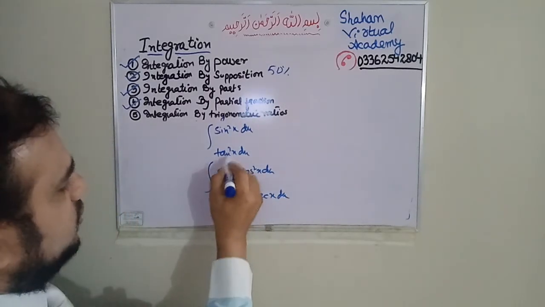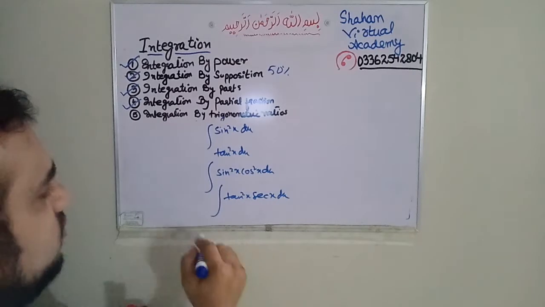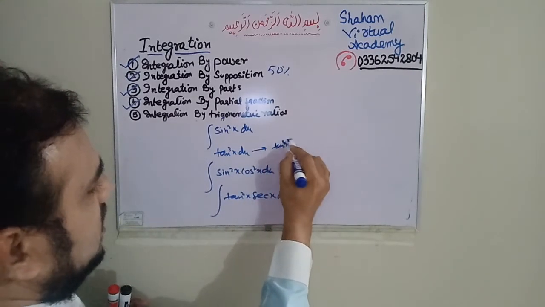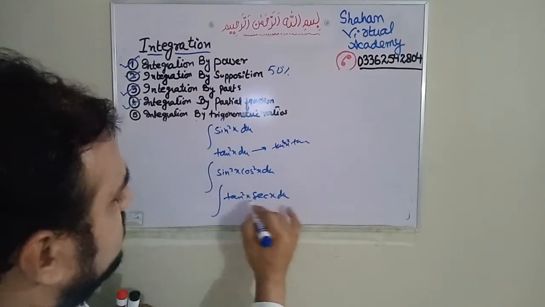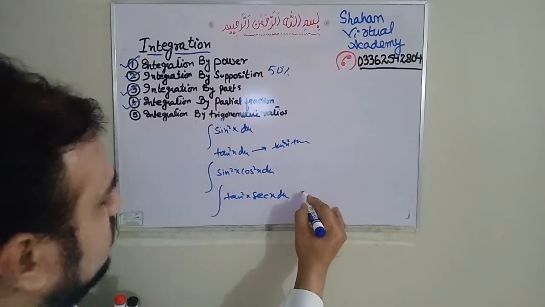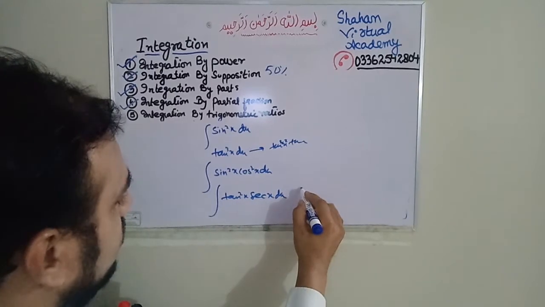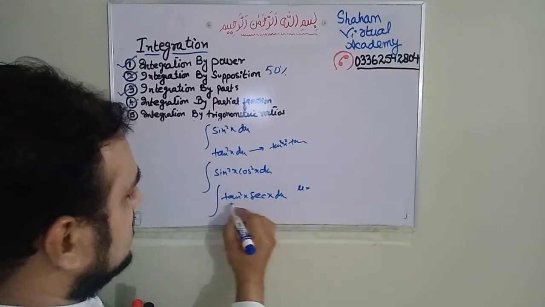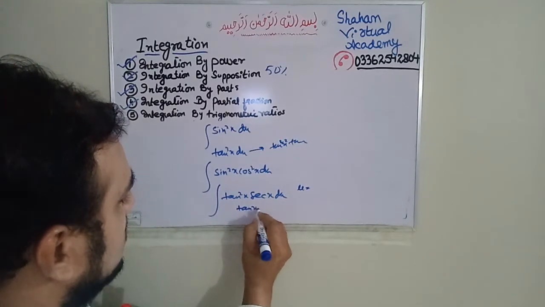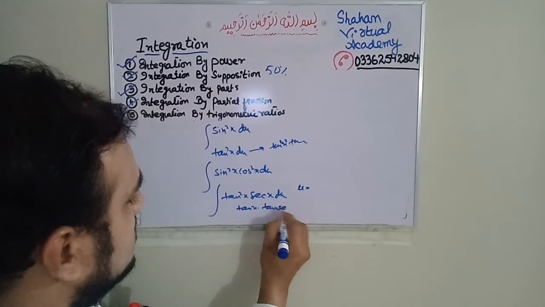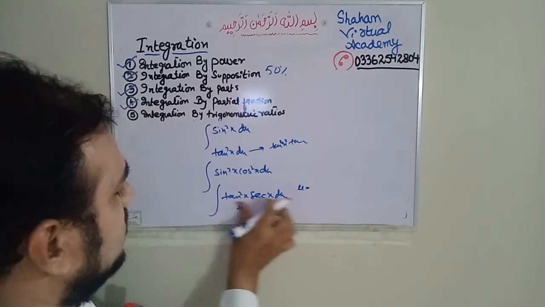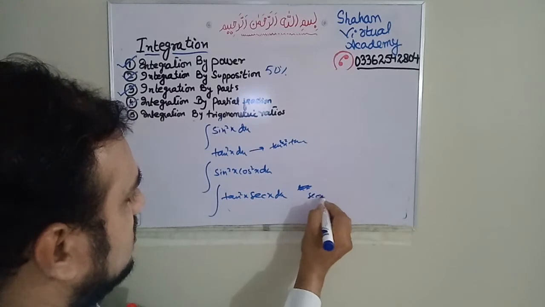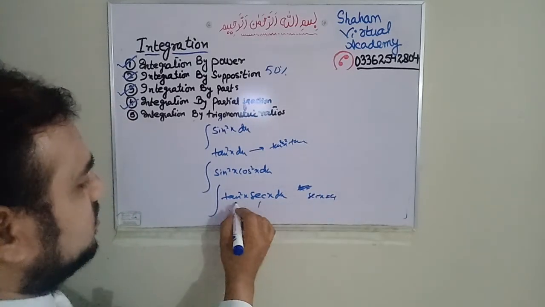You just put the values and make the supposition. You can break it into tan square x and tan x, and suppose the value of u, or you can suppose that sec x is u. So it's up to you.